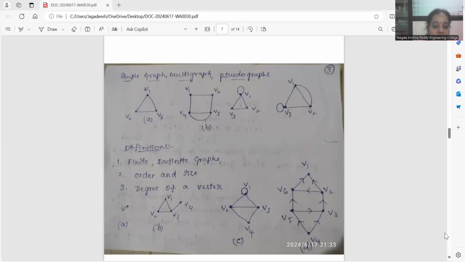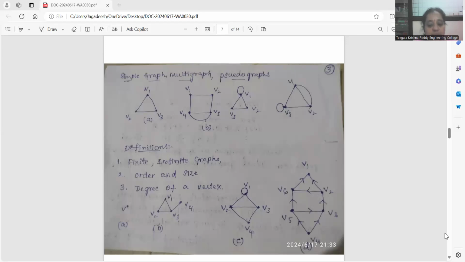Coming to V3, 1, 2, 3, 4 edges are incident on that vertex, so the degree of V3 equals 4. And V4 has only 1 edge incident on it, so the degree of V4 equals 1.